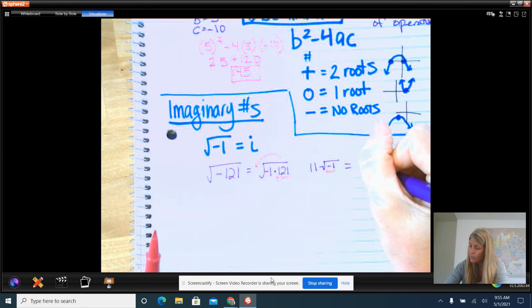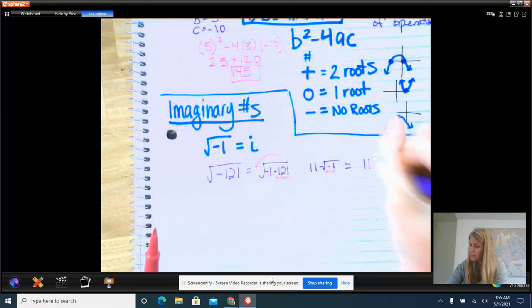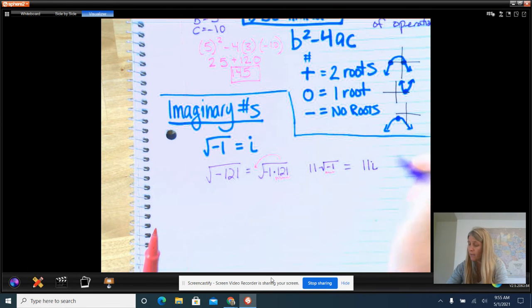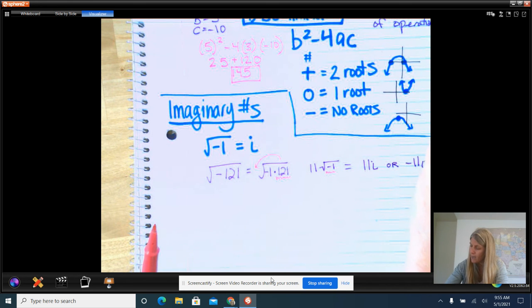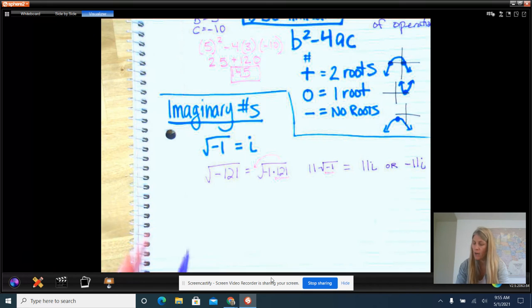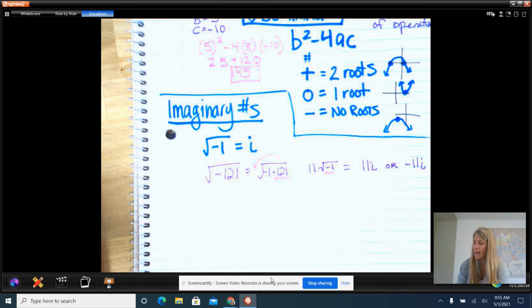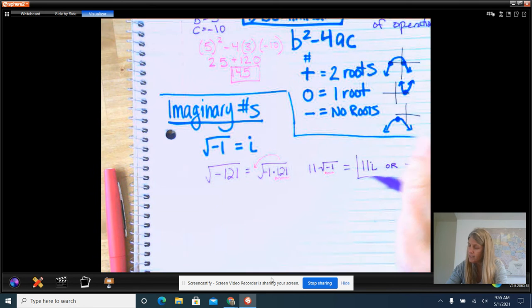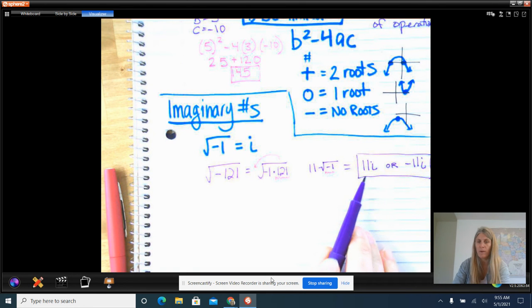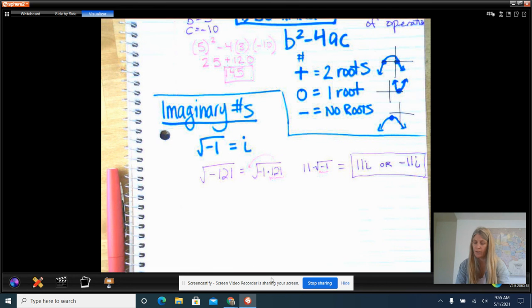So we can rewrite that as 11i. However, we know the square root of 121 can also be -11, so we can also write it as -11i. That's how we get around the fact that we can still continue to do math, and now we're able to get those two answers. In our activity today, although we know there is a positive and a negative, we will only have you write the positive version of it.